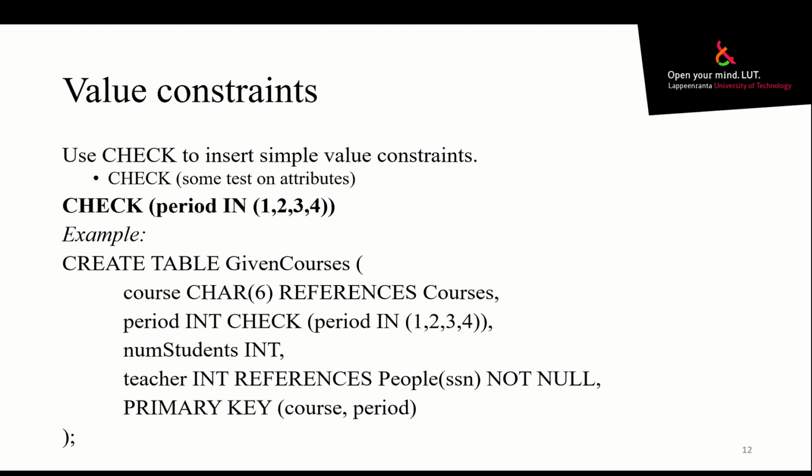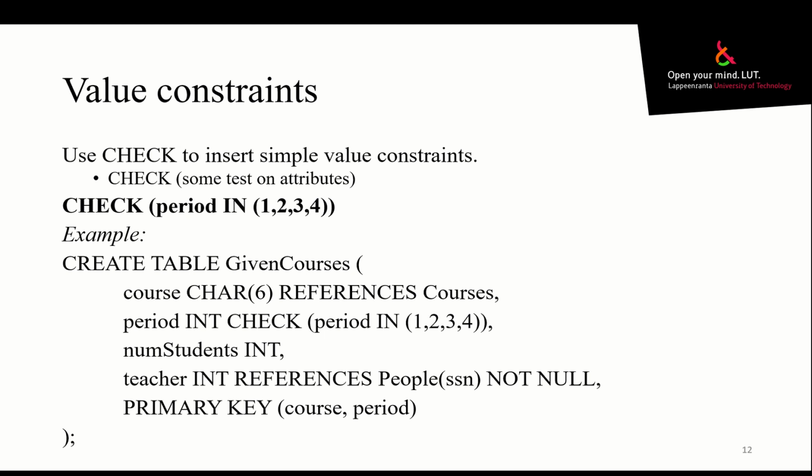So we go next to value constraint. So basically, you use the check constraint. It's an integrity constraint in SQL, which is used to specify a particular requirement. If you want certain requirements to be met, you use the check constraint.